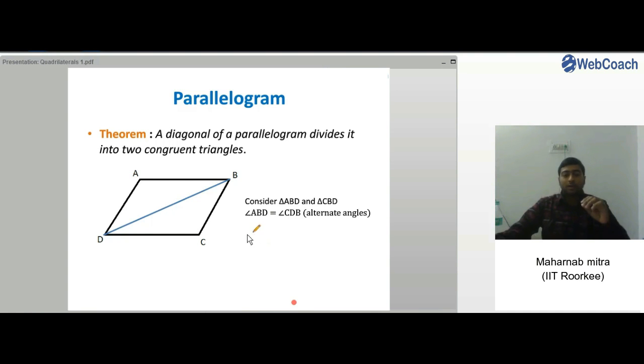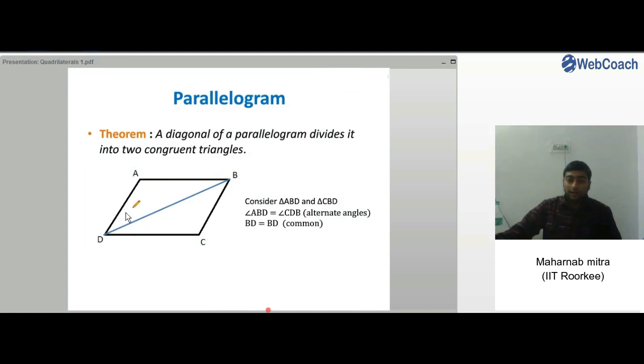You can see angle ABD, which is this angle, is equal to angle CDB, which is this angle, right? And what are they actually? They are alternate angles, right? You can see AB is parallel to CD and BD is acting as the transversal. So angle ABD and angle CDB are alternate angles.